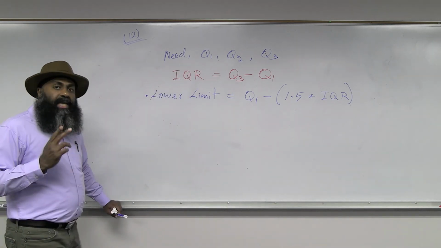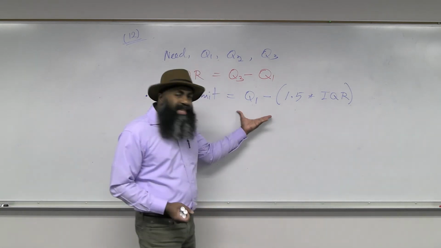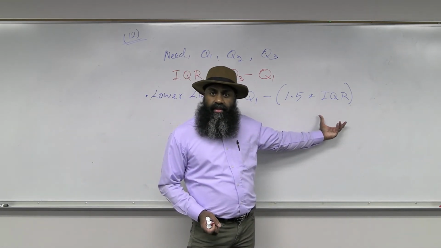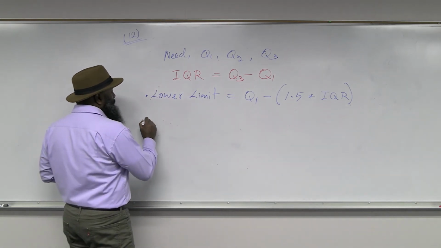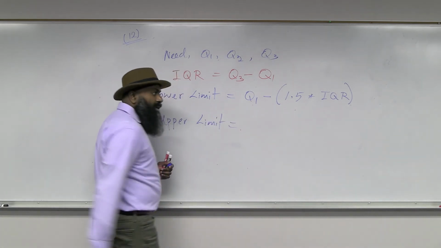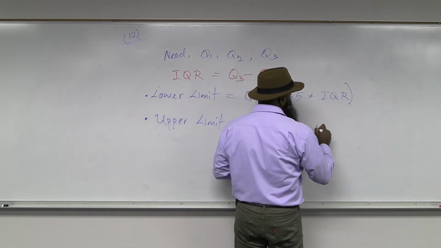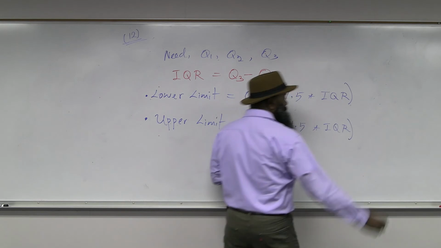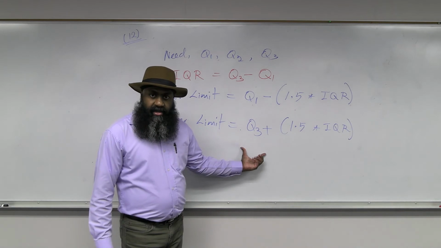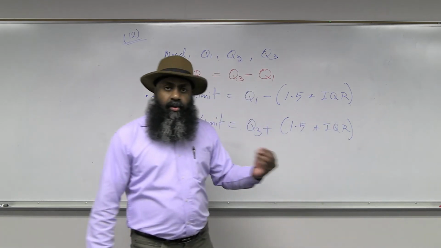Once this lower limit is calculated, if your data set contains any data points that are smaller than this lower limit, those data points are called low outliers. Similarly, we can calculate an upper limit. The upper limit equation is Q3 plus 1.5 times the interquartile range. And any data point in your data set which is larger than the upper limit will be classified as a high outlier.